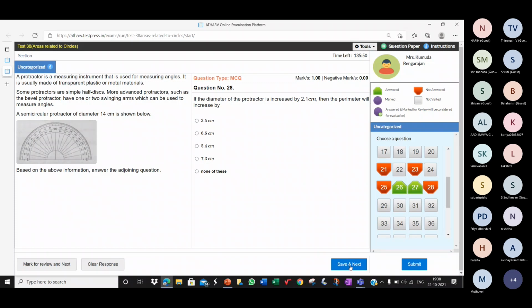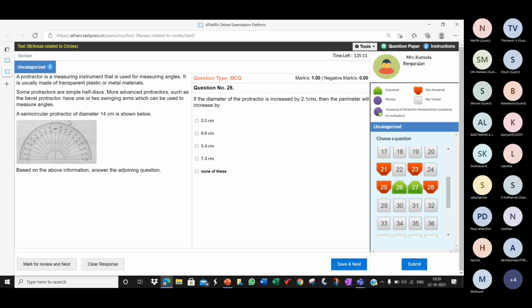8.05, all right. So we have to find again the length of this arc using the formula pi r, with the new radius which you got, plus the new diameter.